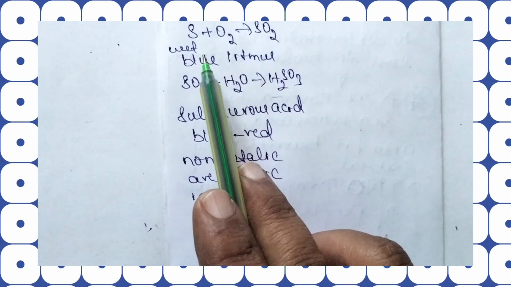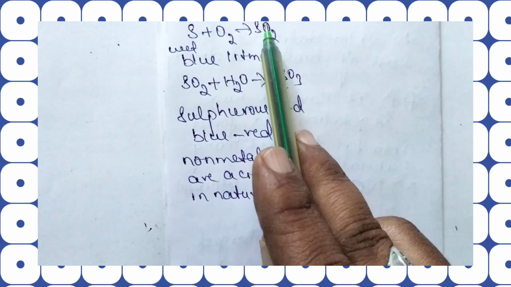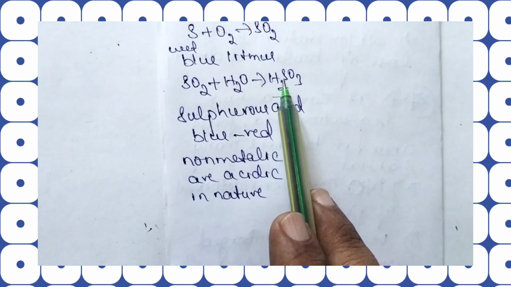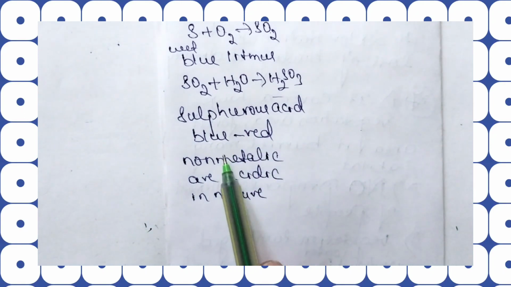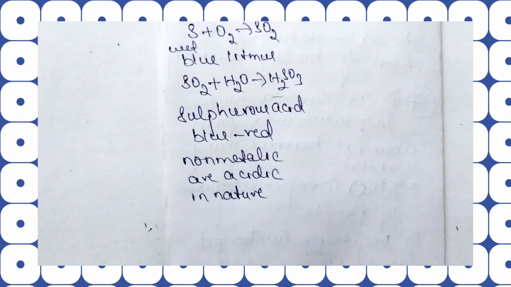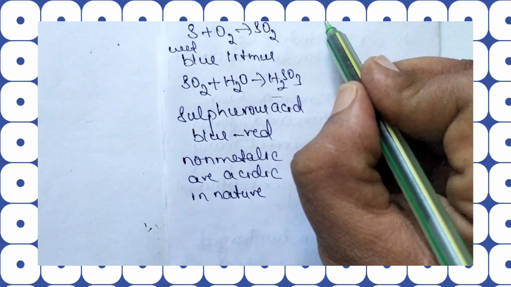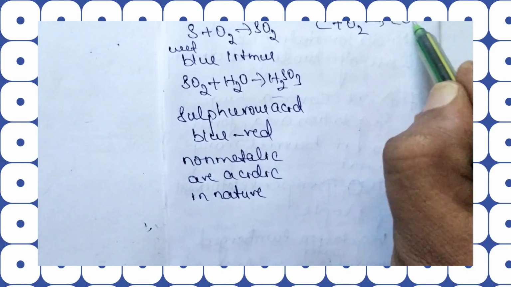When we hold wet blue litmus paper over the fume, this SO2 reacts with H2O to form H2SO3. This H2SO3 is sulfurous acid and it turns blue litmus to red because non-metallic oxides are acidic in nature. Then coming to carbon, when carbon powder is burnt, it forms carbon dioxide.